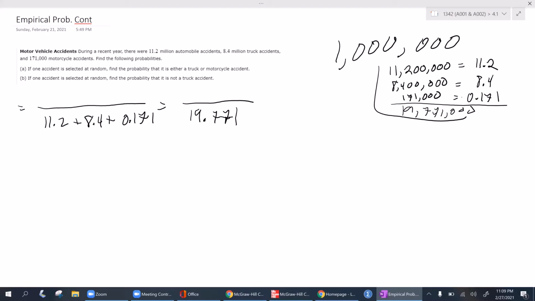So find the probability, if one accident is selected at random, that it's either a truck or a motorcycle. The probability of me landing on a truck in terms of millions is 8.4, and the probability of me landing on a motorcycle is 0.171, over my total amount.